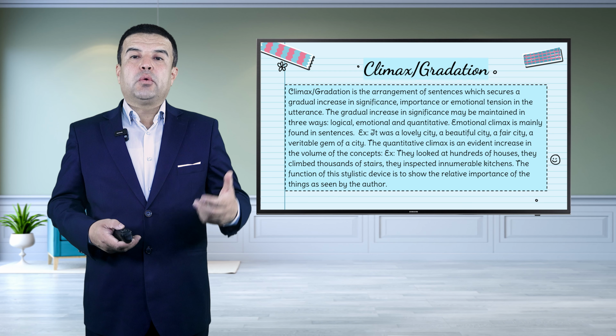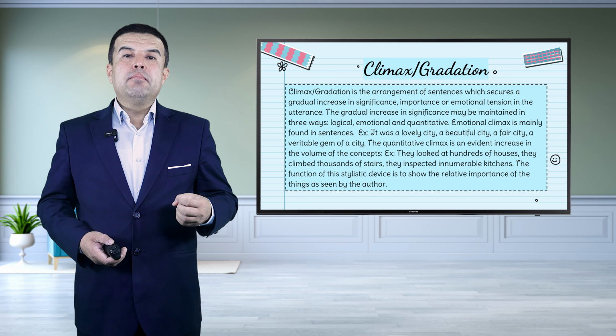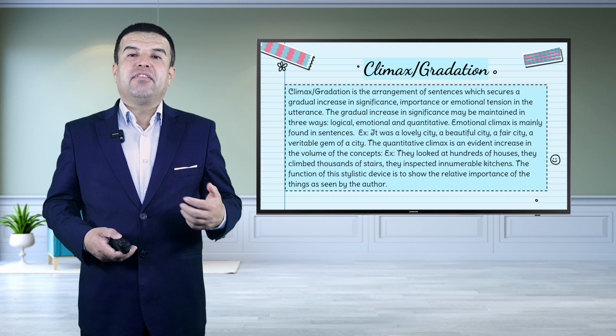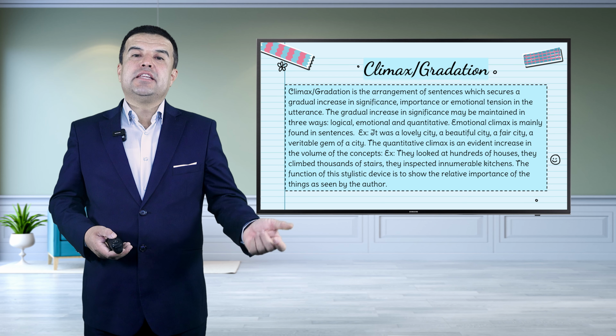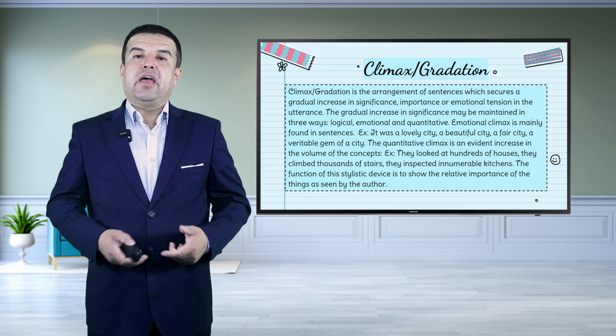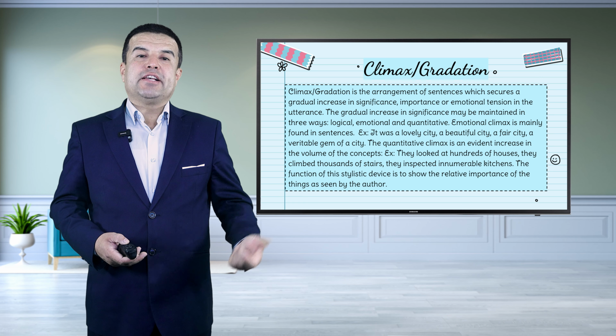The gradual increase in significance may be measured in three ways: logical, emotional, and quantitative. Emotional climax is mainly found in the sentence. For example, it was a lovely city, a beautiful city, a fair city, a veritable gem of a city.